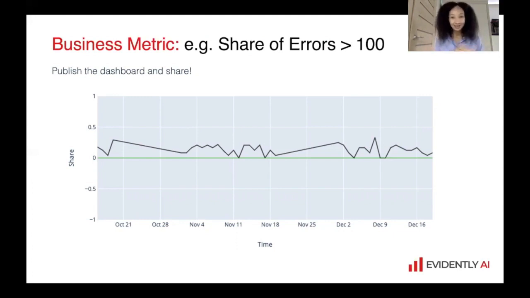In this case, you can calculate the share of errors that are higher than this threshold and publish this dashboard for all your team. And this will be very nice of you, because you will keep all the team informed, and your manager will not need to create a Jira task for you to check if everything is okay with your model, which is quite embarrassing, right? So it's good to keep all the team informed and publish some dashboards.